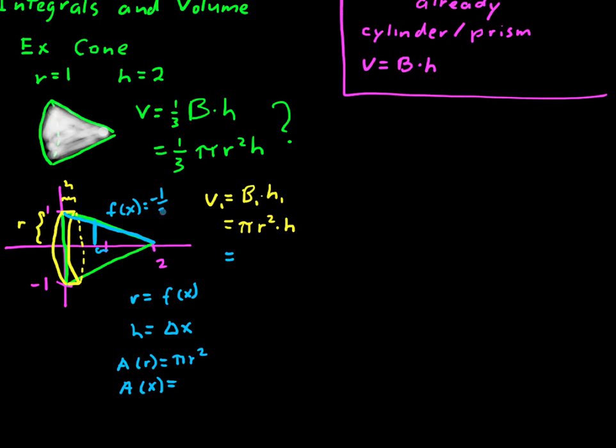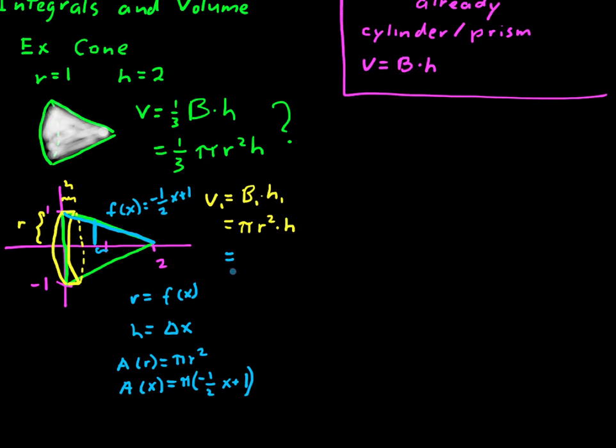So -1/2 x plus 1. And we already said that this function is equal to my radius at any x, so I can use that to qualify the radii of my cylinders. So I can write this as pi times -1/2 x plus 1.